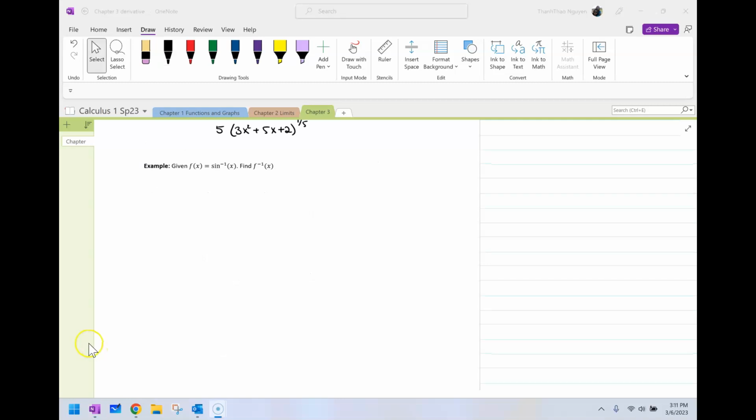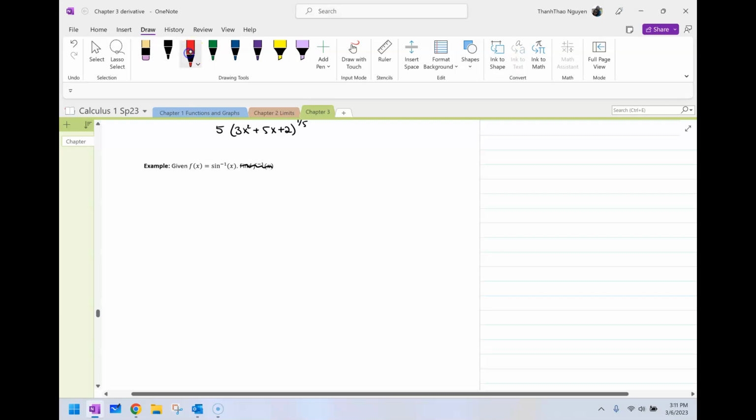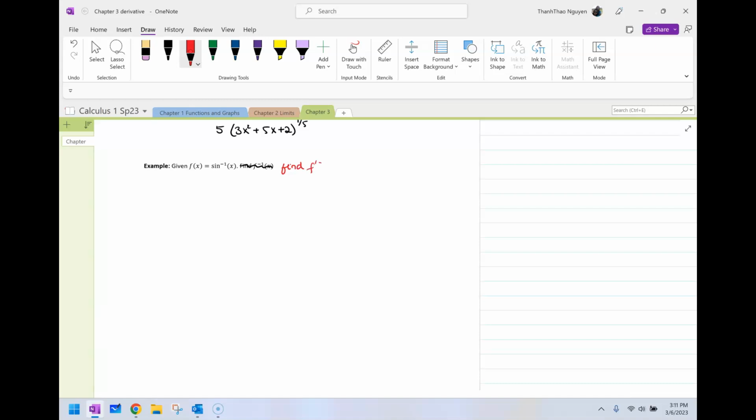Given f of x equals sine inverse of x, find the derivative of this function. So recall that theta is equal to sine inverse of x.